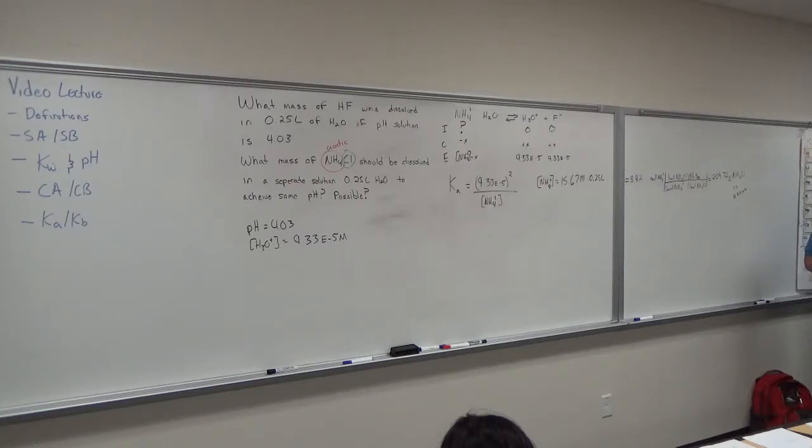Why would it take so much more ammonium chloride than hydrofluoric acid to achieve the exact same pH in the same amount of water? Wouldn't it be soluble? I'm asking you, why is this number so big?